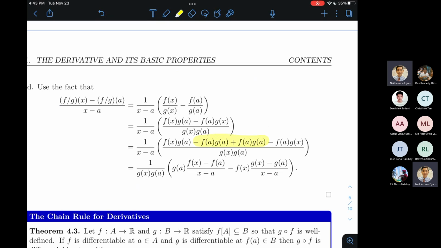But the idea is still the same. I-group ko sila, mag-factor out ako ng appropriate common factor. And then yung second factor ay isang difference quotient na pag kinuha niyo yung limit ay magiging equal lang dun sa desired derivatives. Okay? So yeah, I think we covered almost all of the derivative formulas.